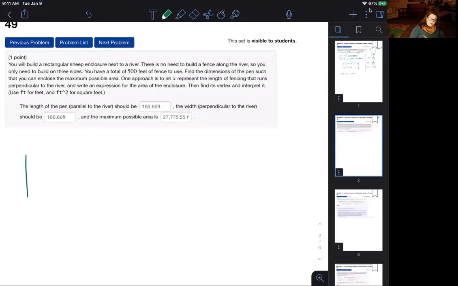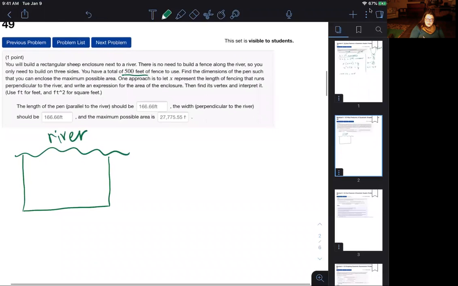So I guess we're assuming that this is a rectangular enclosure, but we have a river here, and I guess our sheep don't swim. So you only need to build 3 sides. You have a total of 500 feet of fencing to use. Find the dimensions of the pen such that you can enclose the maximum possible area.